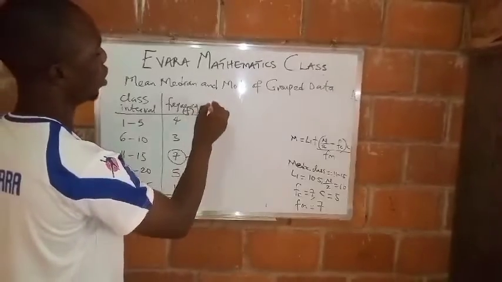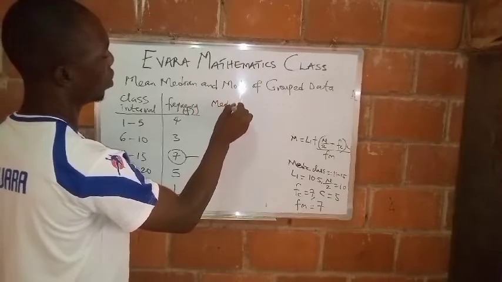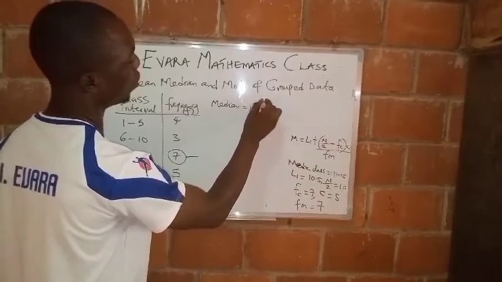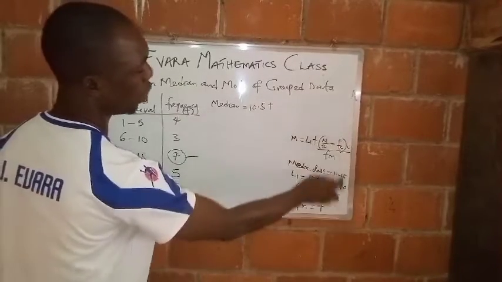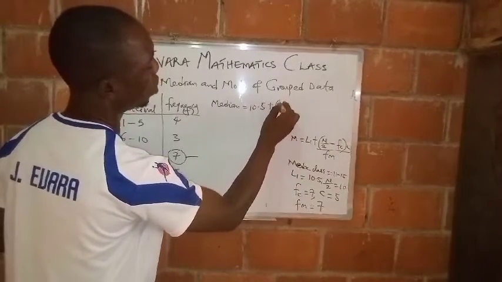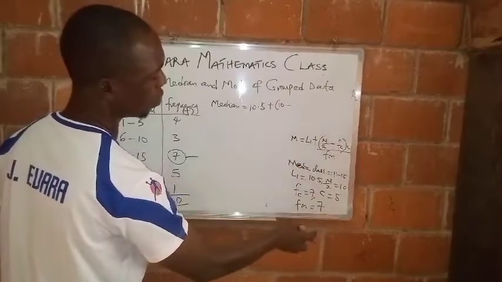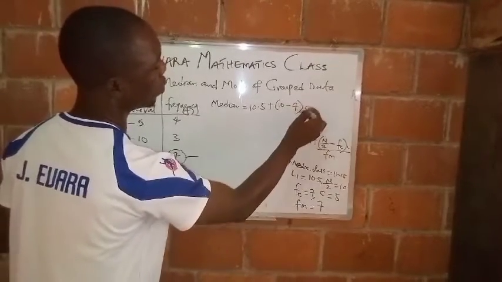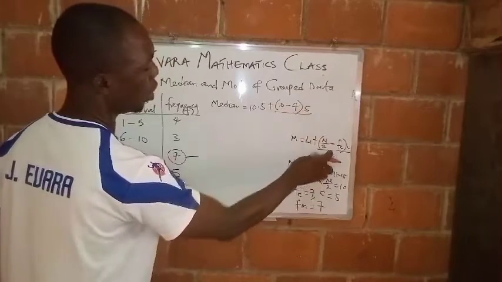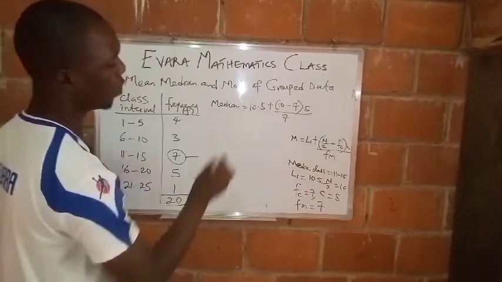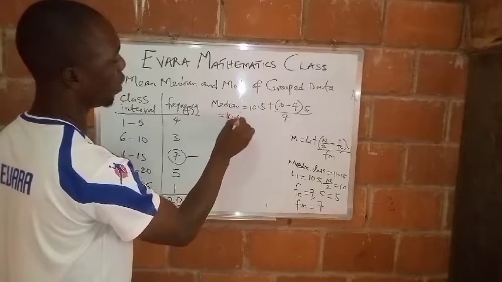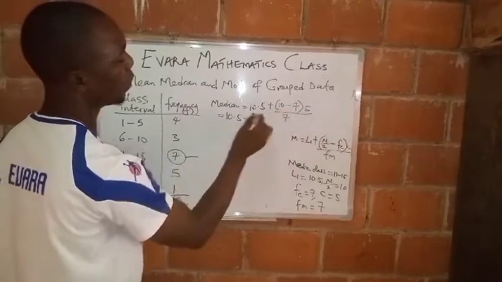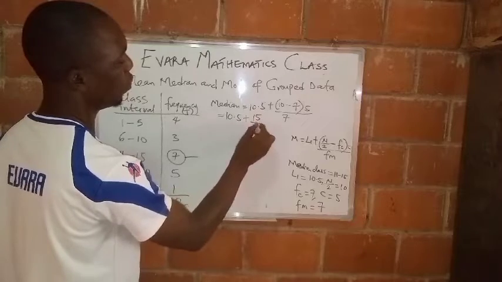So our median will now be L1, that is 10.5, plus N over 2, which is 10, minus FC, which is 7, times C, which is 5, over FM, that is 7. So we have 10.5 plus 10 minus 7, 3. 3 times 5, 15 over 7.